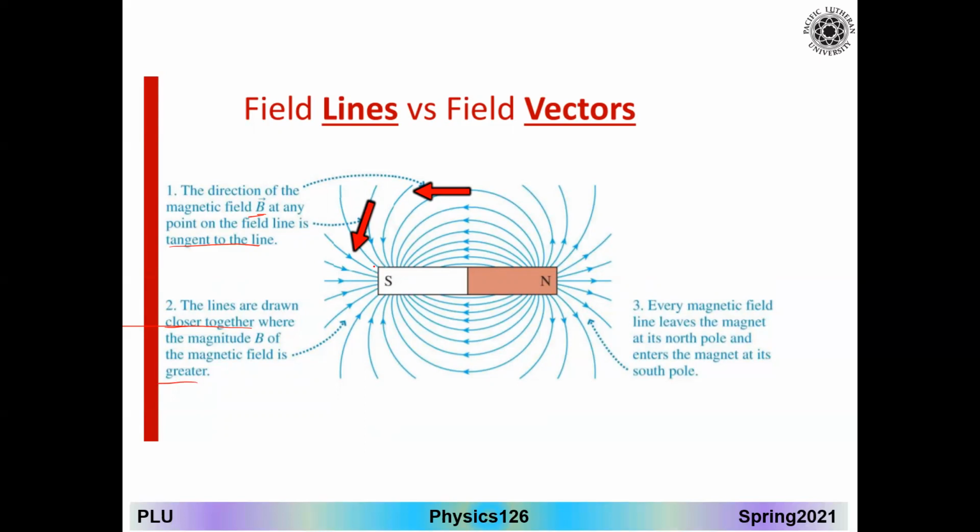So here, for example, close to the pole, where my magnetic field lines are very close, it means my magnetic field magnitude is greatest. However, in another case, if the magnetic field lines are farther apart, that means the field will be less. And all the time, the magnetic field comes out from the north and comes into the south, similarly to positive and negative for the electric field. That's the basic stuff you need to keep in your mind.